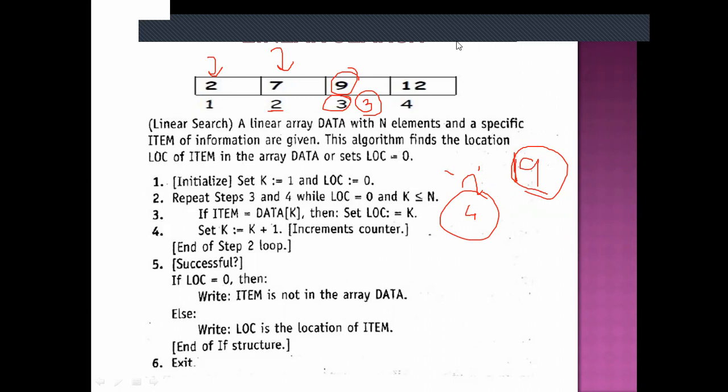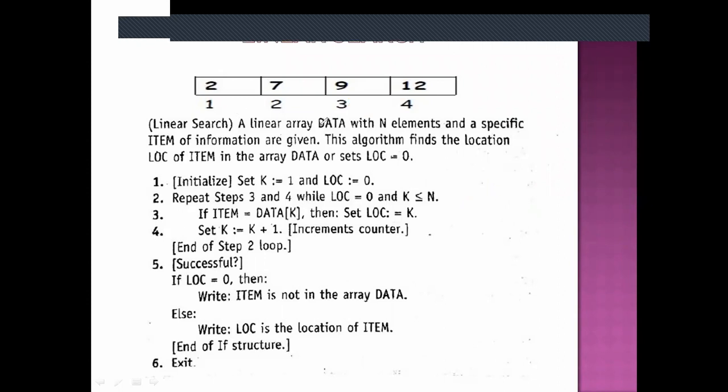So I will show you the algorithm. There can be different ways to do that, any way you can use it. In this algorithm, I'm assuming that the name of the array is data, n is how many elements there are, and item is what I want to search for.